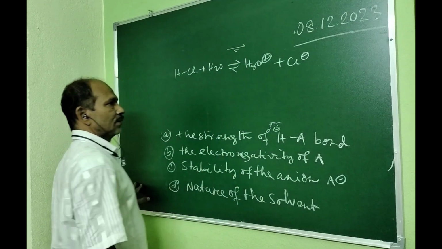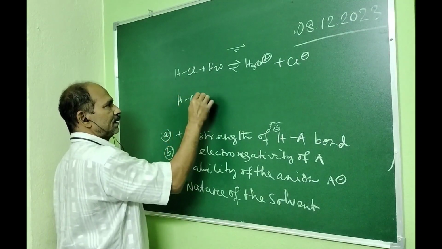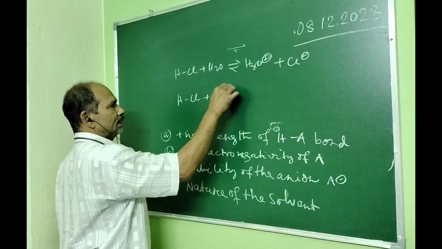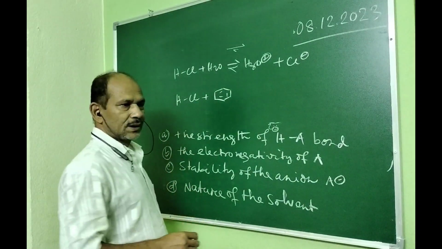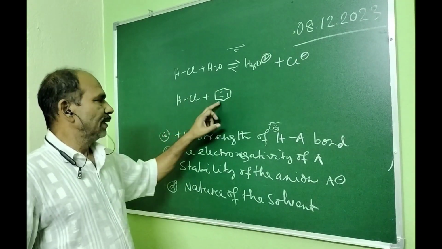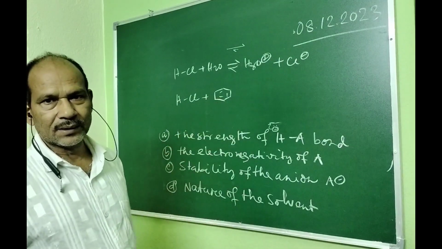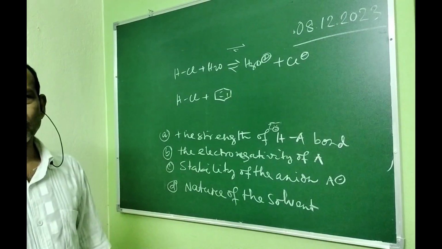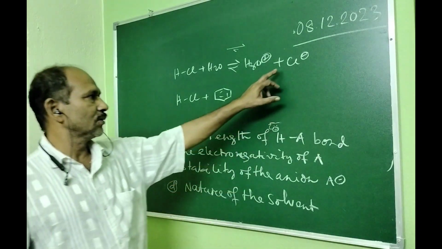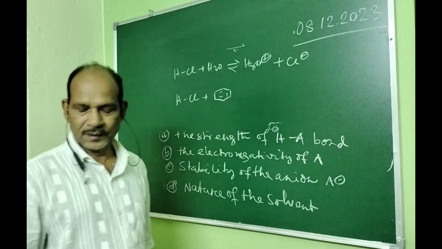But HCl in benzene or toluene does not dissociate into H plus. HCl in benzene or toluene, that means in organic solvent, stays in undissociated condition. So HCl is acidic in aqueous solution, but not in benzene or toluene solution.